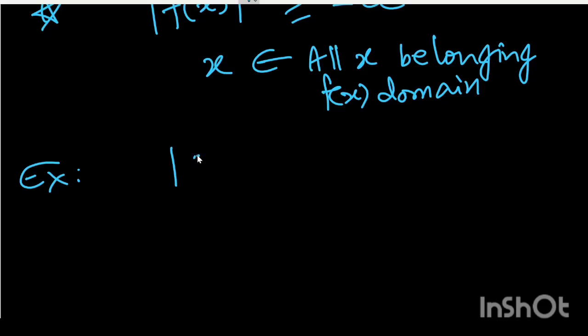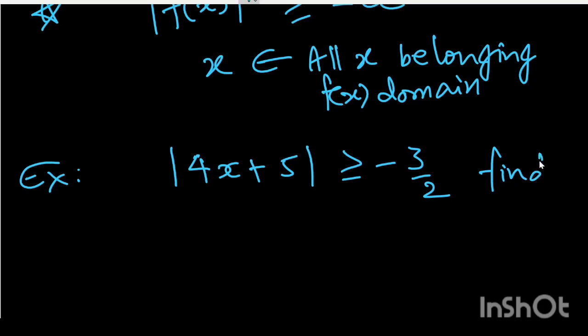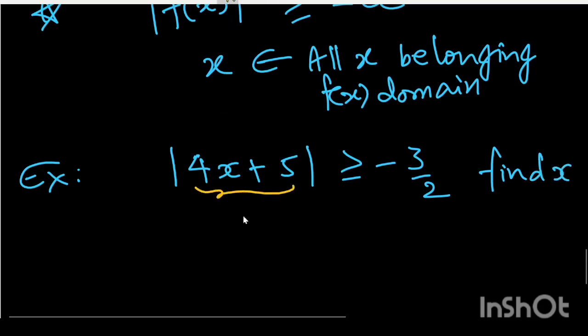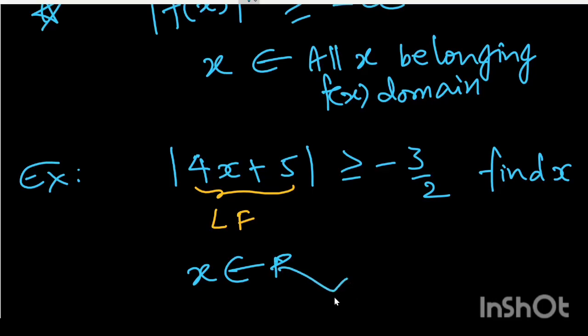So for example, |4x + 5| greater than or equal to minus 3/2, find x. Since any value can be substituted in 4x + 5, because this is a linear function, we can directly conclude that the solution is x belongs to R, or x belongs to minus infinity to plus infinity.